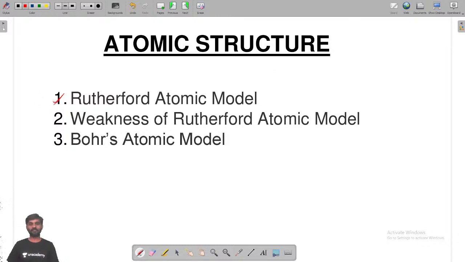I think in the year 1911, the scientist Rutherford presented an atomic model. But there are some drawbacks to the Rutherford atomic model. Because of these drawbacks, Bohr proposed another atomic model.